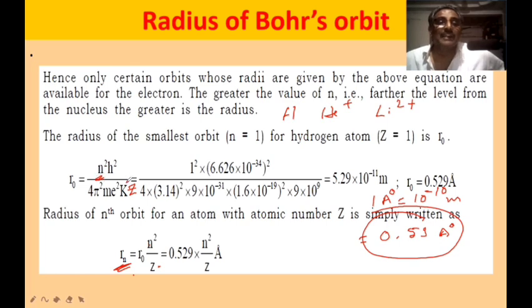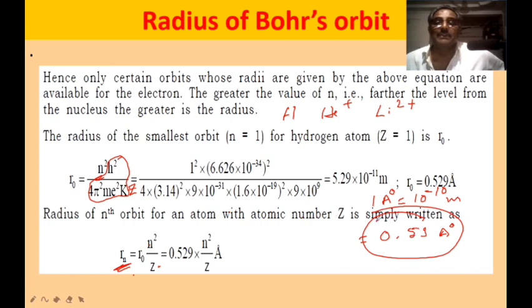If Z value and n value are generalized, we substitute only h square by 4 pi square m e to the power of 4 into Z. This value is 0.53 angstrom units.